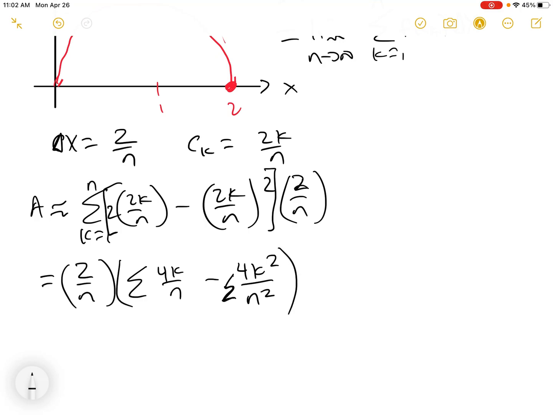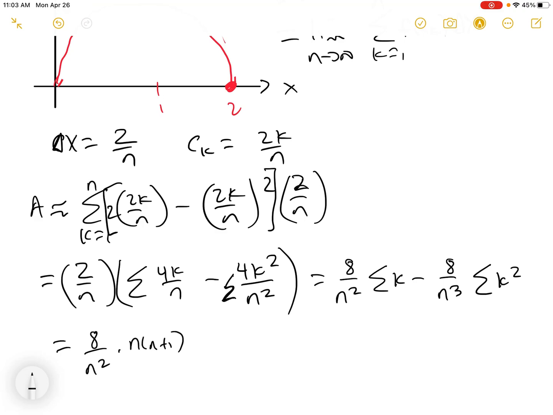Okay, so now we get 8 over n squared, the sum of the k's, minus 8 over n cubed, sum of the k squared. And then we have this minus 8 over n cubed, and I apologize for writing it like that, but we've gotten far enough along here. It's 3n squared plus n, but those always fall out when you take the limit.